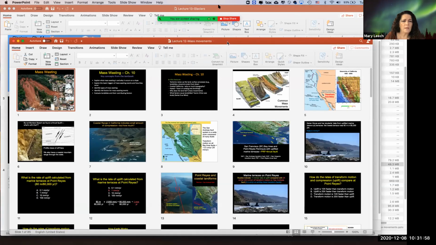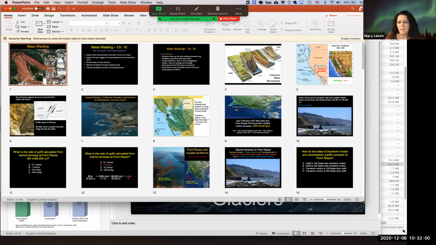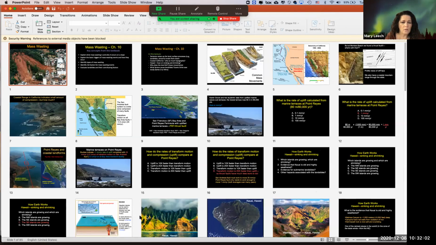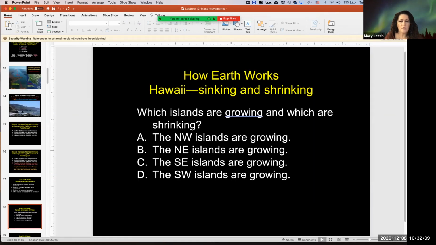Okay. I'm not going to focus on this, but at least let me show you the images. So we had this question in terms of thinking about Hawaii, which islands are growing, which islands are shrinking, or rather eroding.